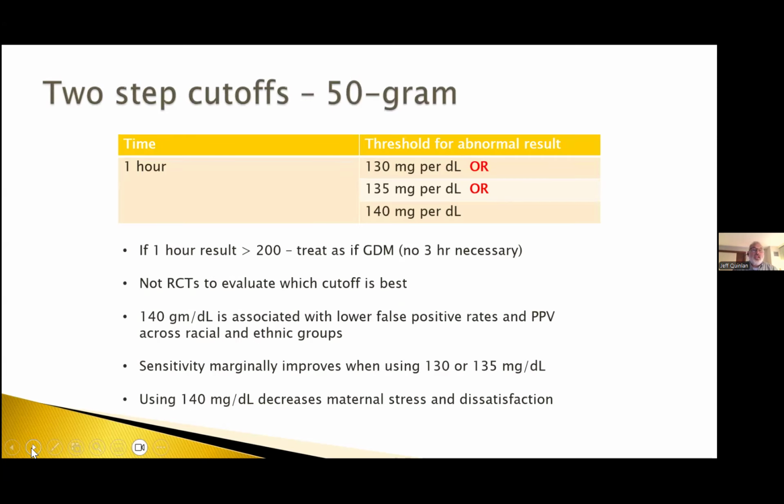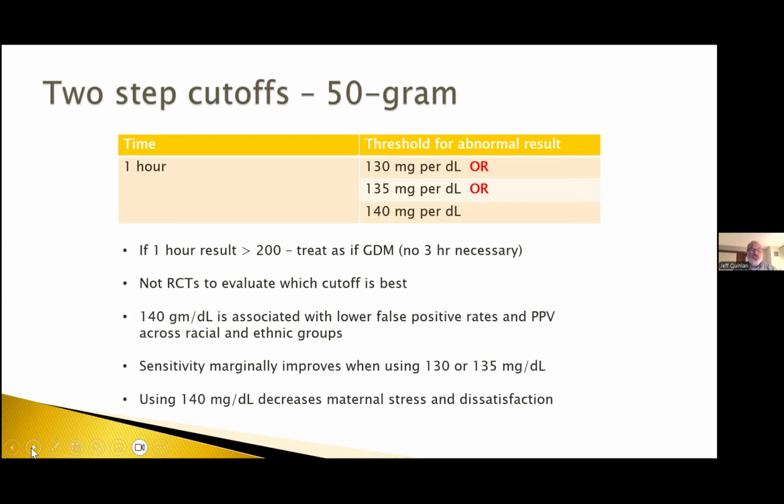So for the two-step method, that initial 50-gram bolus, you would check the glucose after 1 hour, and there's really three sets of cutoffs that are out there in the literature using 130, 135, or 140. There are no direct comparison randomized control trials to evaluate which of these is the best.